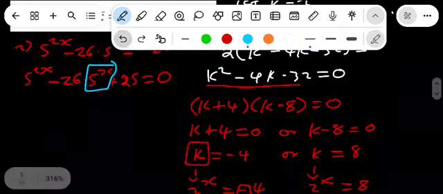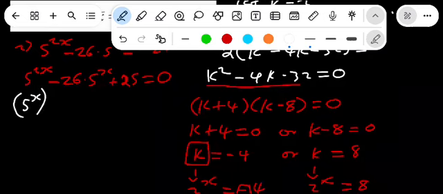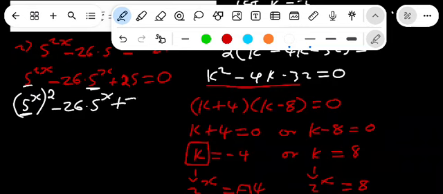So using that guide, we can write this as 5 to the power of x, raised to the power of 2. So this and this are the same. Now we have rewritten this: minus 26 multiplied by 5 raised to the power of x plus 25 equals 0.